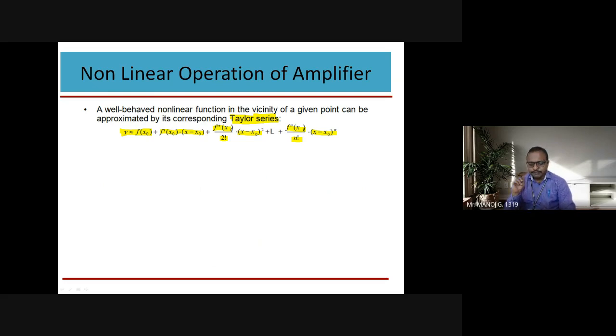Is this clear? If you have notes, you can take down this note, because when you come in person, you will be taking down the notes. So this is the basic expression. Now from this expression, we have to derive the expression for the nonlinear function. How do you do that? We will look. Is this clear so far? All of you, can I have a response? Yes, sir. Can you please raise your hand?